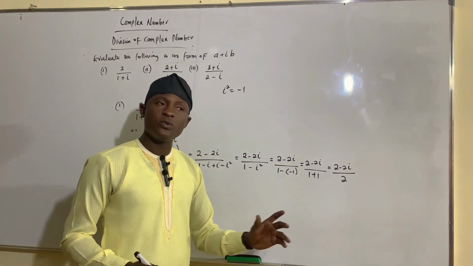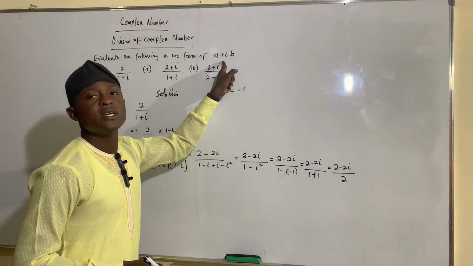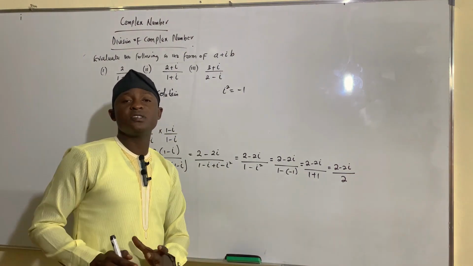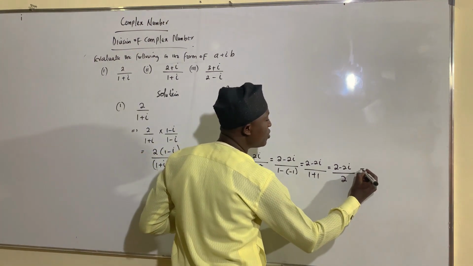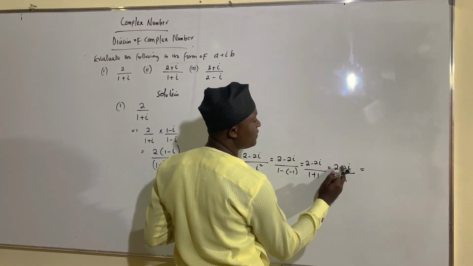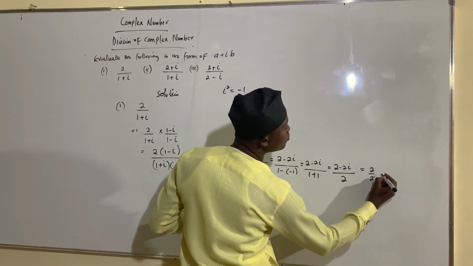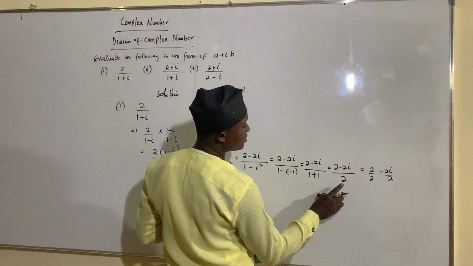But recall, they said we should leave our answer in the form of A plus IB. That means we should separate the real numbers and the imaginary numbers. So we can go further by saying this is nothing but 2 over 2 minus 2I over 2. That is just like splitting a fraction.